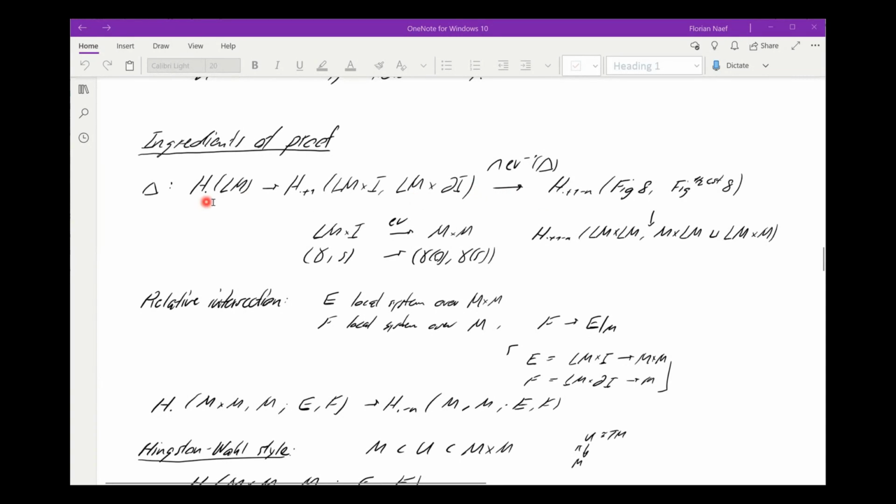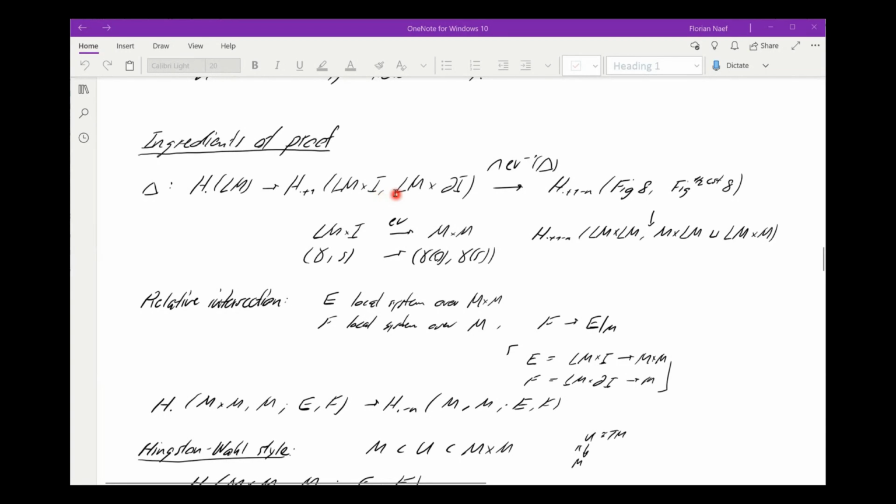The first thing that we do is we take the class in loop space homology and we just suspend it once. So we take the product with the fundamental class of the interval. This is like choosing or varying over all possible parameters. Now we want to look at when our loop intersects itself at that other parameter.